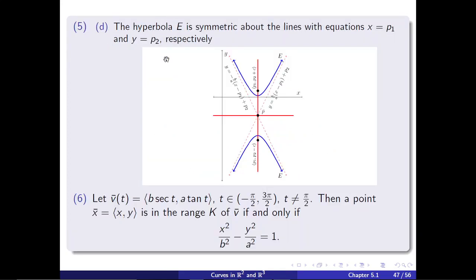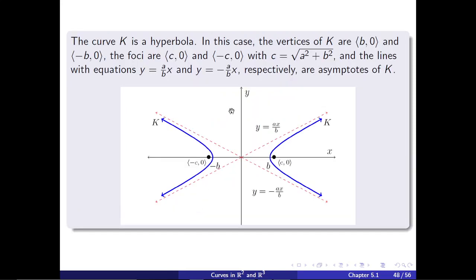So here, notice that instead of having a tan t here and b sec t there, we've swapped them, so it rotates 90 degrees clockwise or anti-clockwise. It's the same thing, and everything just shifts like that, and the information will be the same.